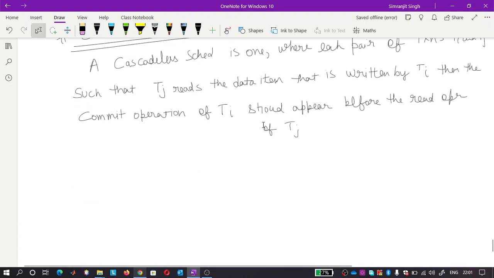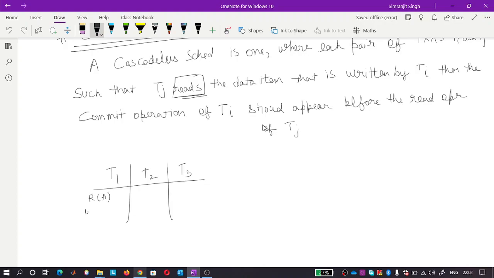The definition is very close here. I want to stress upon this word reads. Let me give you another example. Just look at this example: read A, write A, then commit. Only then I will read from this transaction.